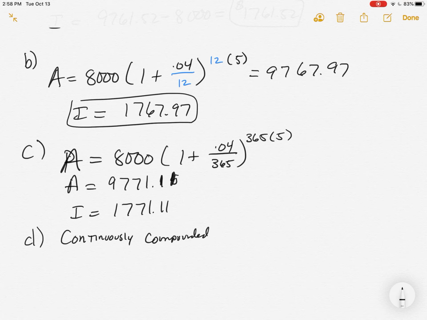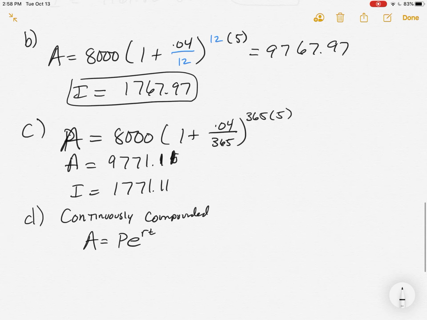There we're going to use a special number, and it's in our book. Let me see if I can find where they do continuously compounded interest. On page 740, this is the formula for continuously compounded interest: P e to the rt. So this e button is on your calculator because it is a number. e is like pi.